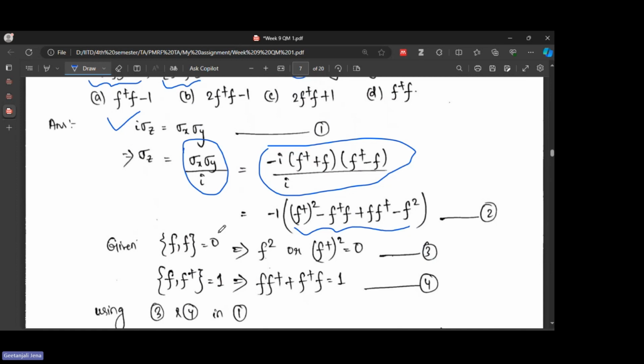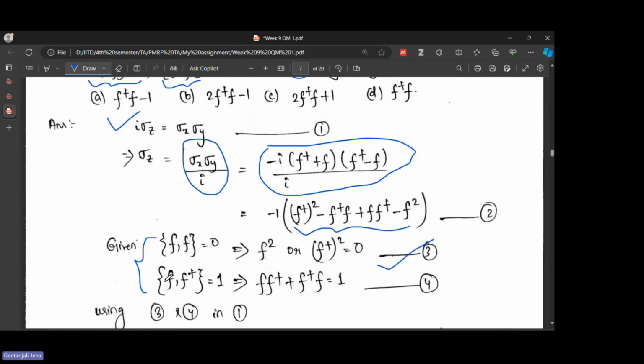To simplify this equation, we have to use the condition that is given to us. The condition is that the anti-commutation relation of f with f is 0 and of f with f dagger is 1. So if f with f is 0, that means f square is 0 and f dagger square is also 0, which is equation 3.